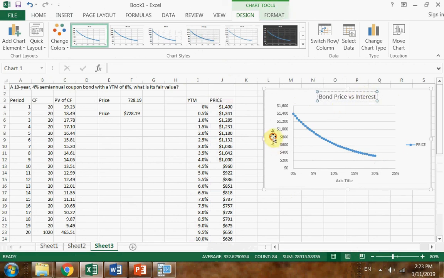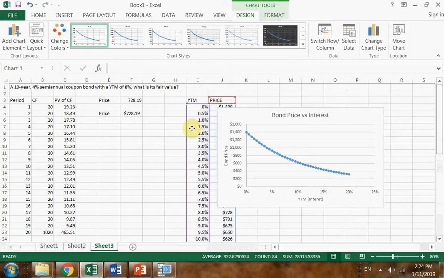The vertical axis is the bond price, and the horizontal axis is yield to maturity or interest. It's the same thing. And you don't need this legend. Delete that one.